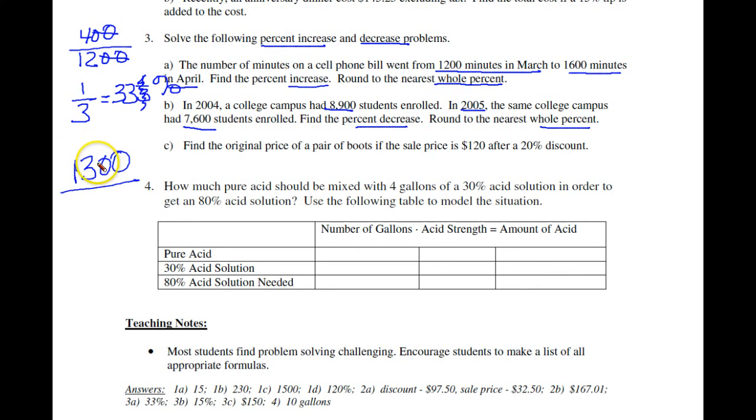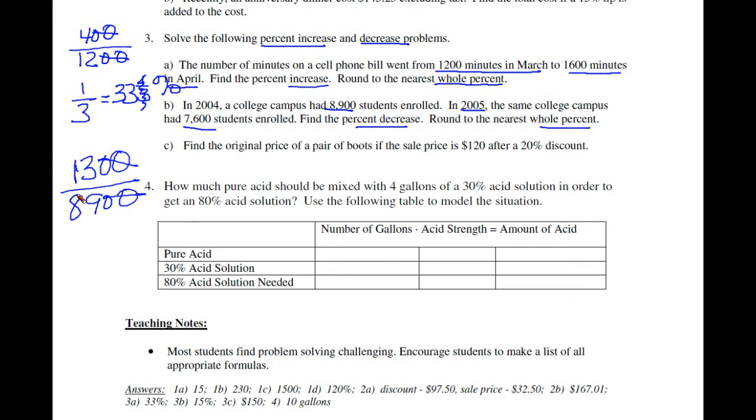Now remember, you always put the amount of the difference, whether it's increase or decrease, over the original amount, which is 8900. So we can cancel those out. We're going to divide 13 by 89.